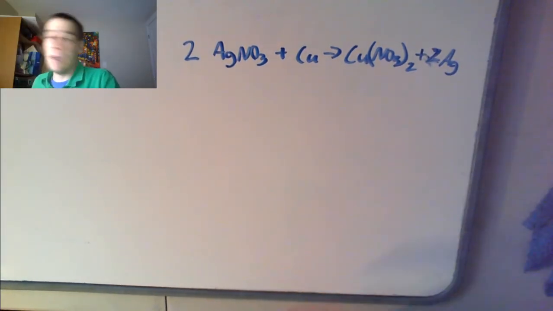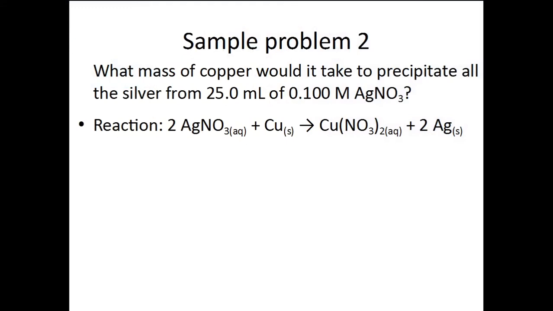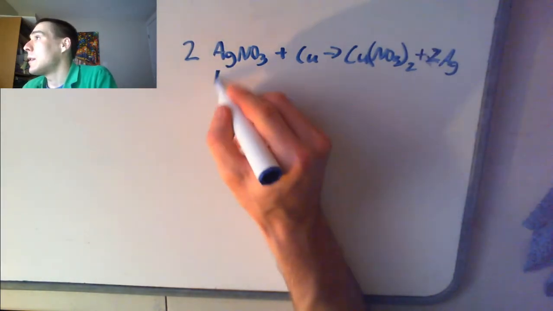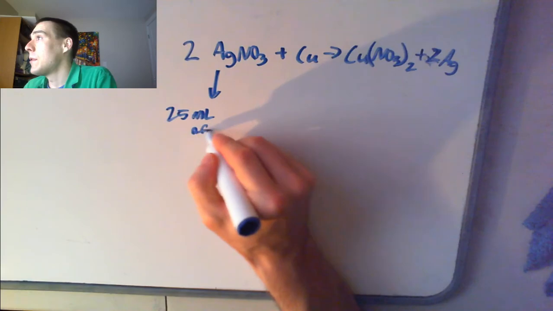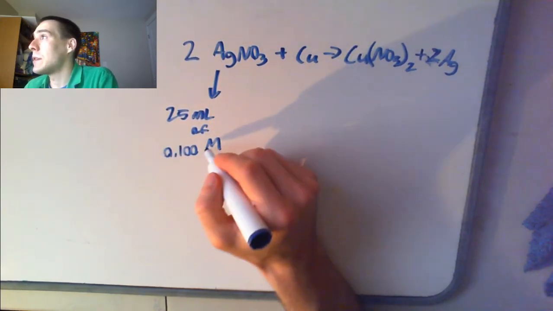Right, and if we go back to the question, what we know is we have 25 milliliters of 0.1 molar silver nitrate.